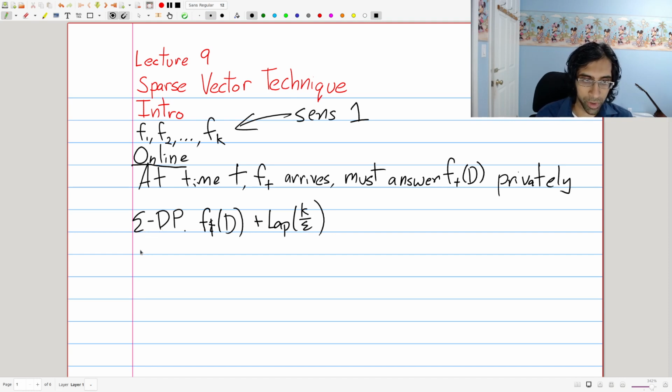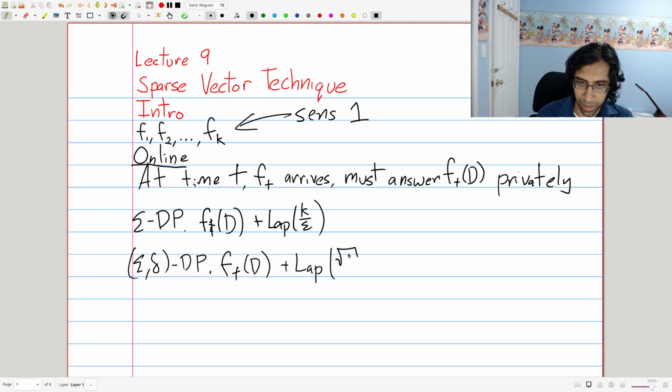If we wanted to do approximate differential privacy, it's very similar actually. We're not going to worry too much about the lower order terms, but roughly you can add Laplace square root k over epsilon noise, and if you use advanced composition, then this will give you the appropriate privacy bound.